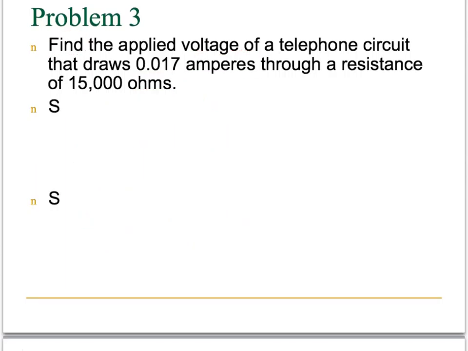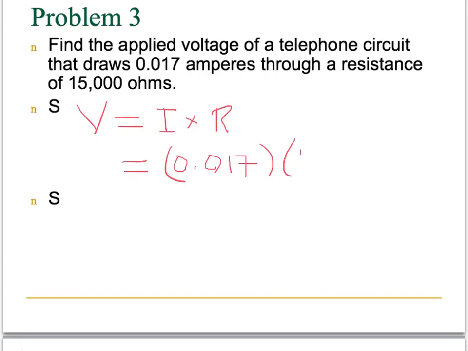Let us plug in the values. So V is equal to I multiplied by R. So therefore, we have 0.017 multiplied by 15,000.